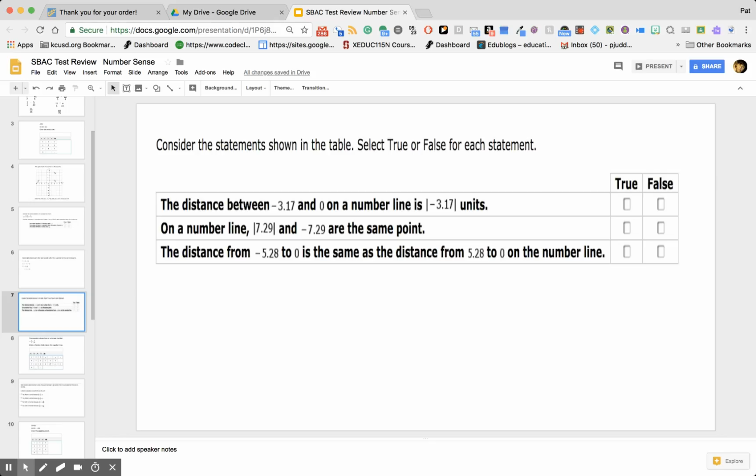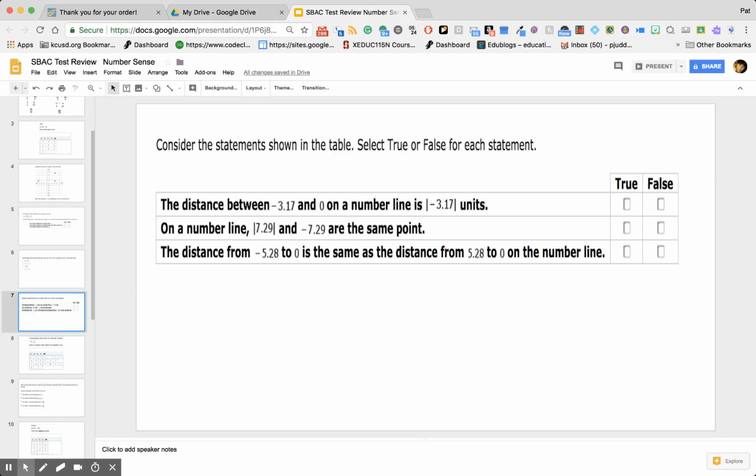Okay? So now, consider the statements shown in the table. Select true or false for each statement. The distance between -3 and 17/100ths and 0 on a number line is the absolute value of -3 and 17/100ths units.